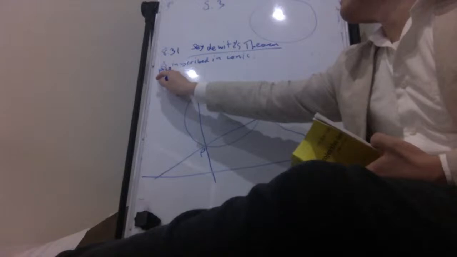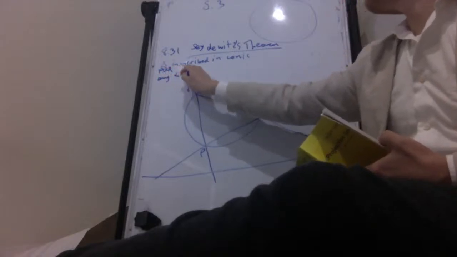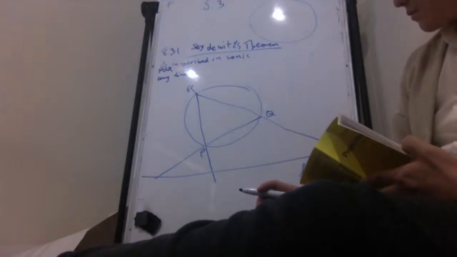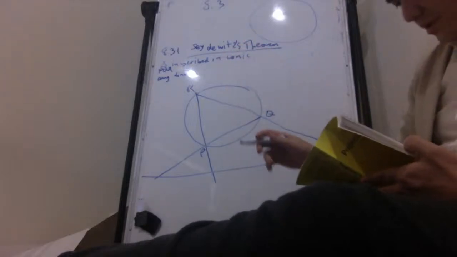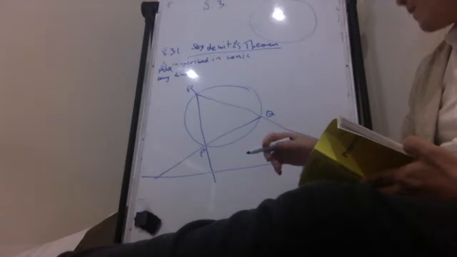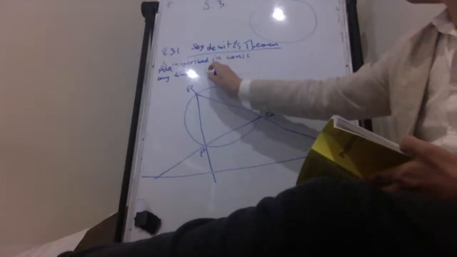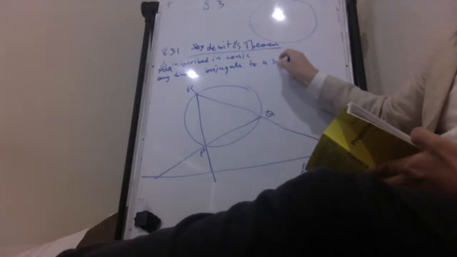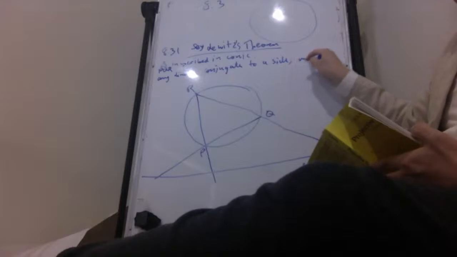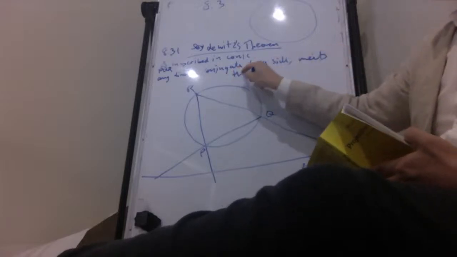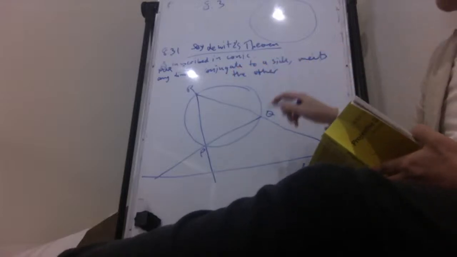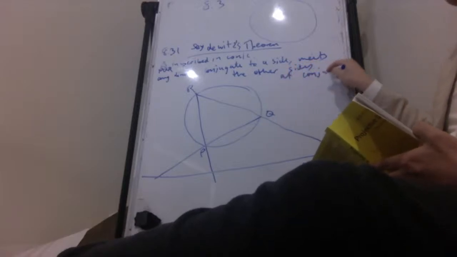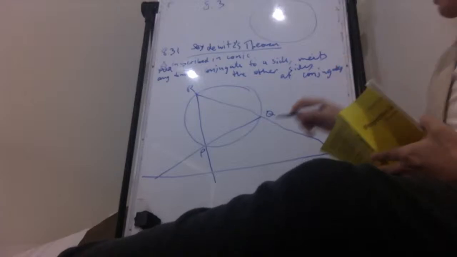Then any line L, which is conjugate to one of the sides, conjugate to a side, meets the other sides at conjugate points.